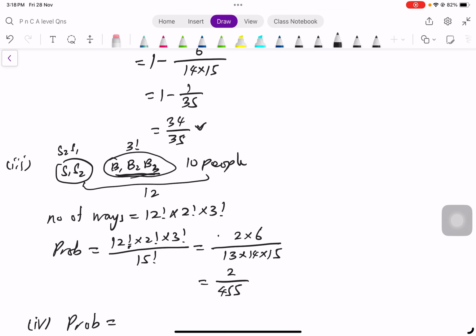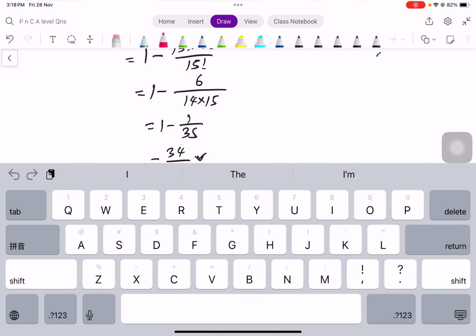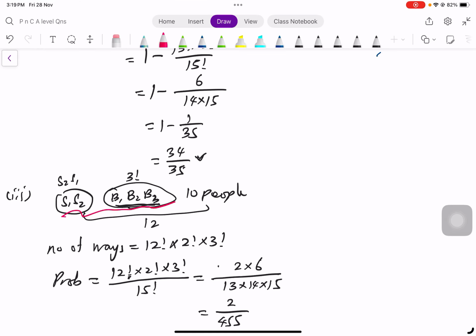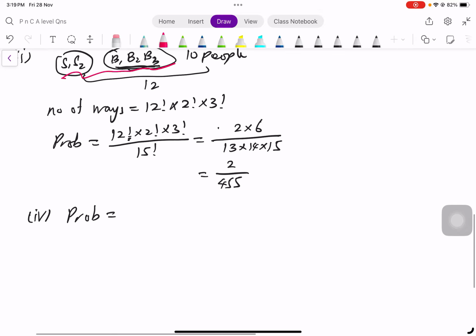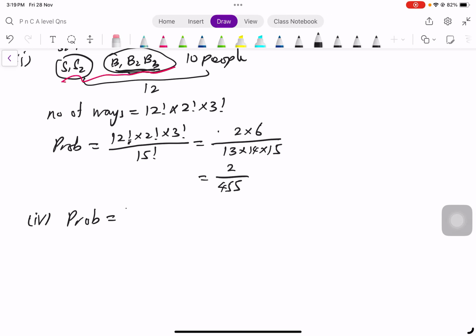That means there are cases like this. Therefore, this part is the one that is double counted. So the probability required for part 4 is simply 2 over 15 plus what?